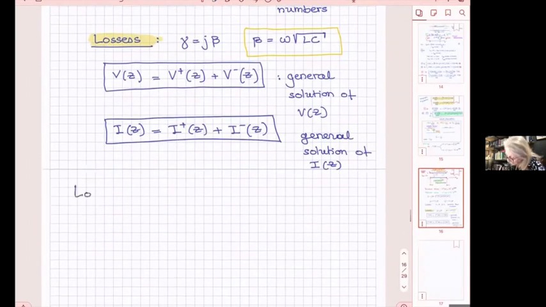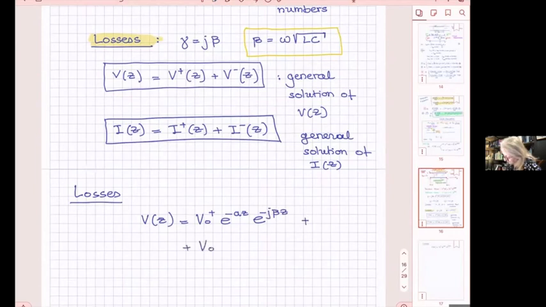In the lossy case, V of Z has the form V naught plus e to the minus alpha Z e to the minus j beta Z plus V naught minus e to the minus alpha Z e to the j beta Z. And as a matter of fact, in this case, assuming that it goes along the negative Z direction, all right?